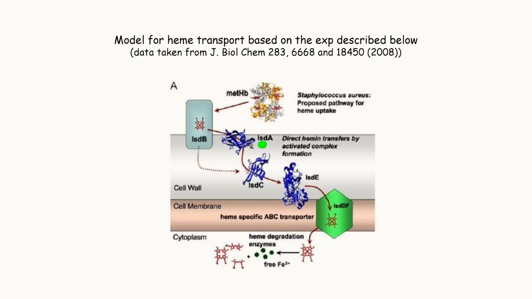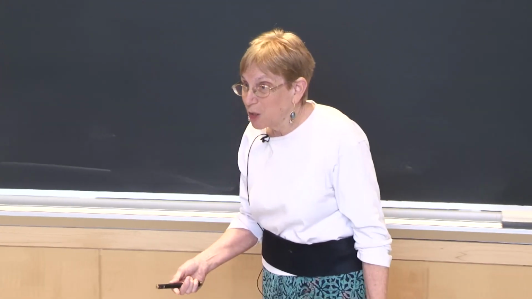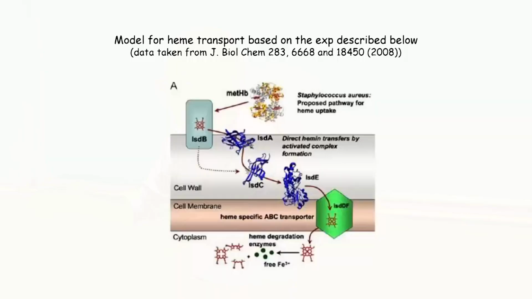It's transferred to the A protein. And so here we have, can it be transferred directly to the C protein? Or does it need to go through the A protein? So then you can start doing experiments like that. You can take this protein and look for transfer to this protein. Or you can add in this protein and see if the rate, if you set the experiment up correctly, increases.